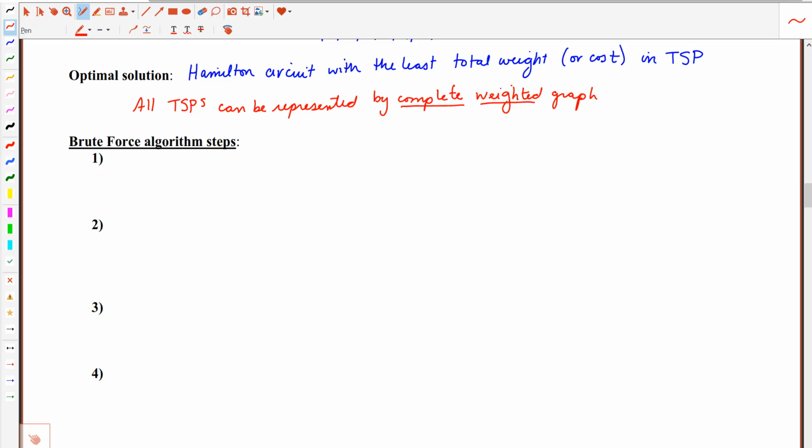Now the first algorithm we're going to look at to solve traveling salesman problems is called the brute force algorithm. So let's go over the steps to solve this.